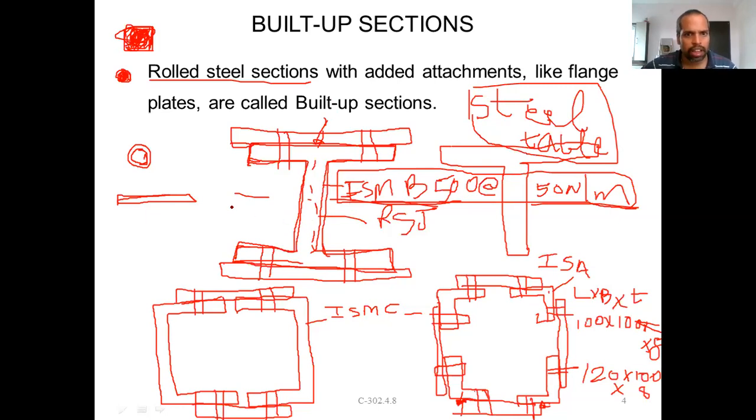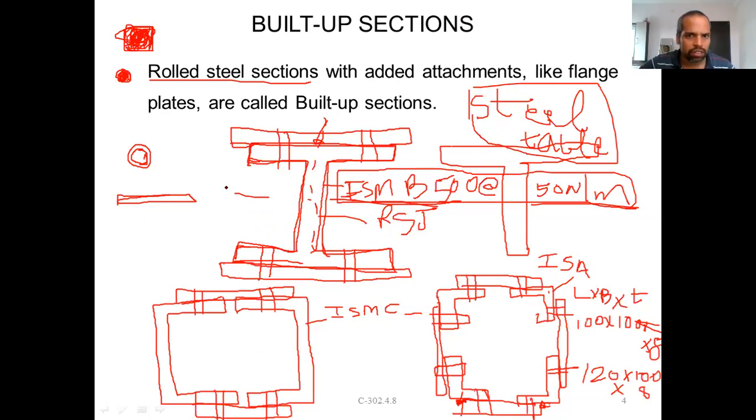Of course I have shown here only an I section; sometimes a channel section or angles may also be there. It can be any type of member, so you have to prepare and calculate the moment of inertia accordingly.